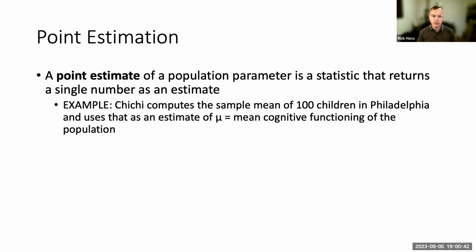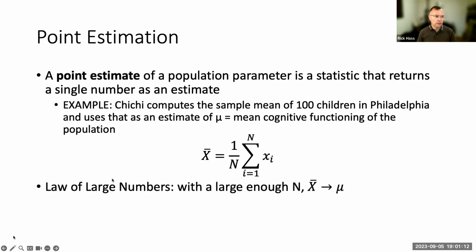For example, Chi-Chi computes the sample mean of 100 children in Philadelphia and uses that mean as an estimate of mu, the population level mean cognitive functioning. Right? And we've introduced this before. This is a fancy formula for the sample mean. Whatever our numbers are, each X is added to all the others, and we divide by the total.